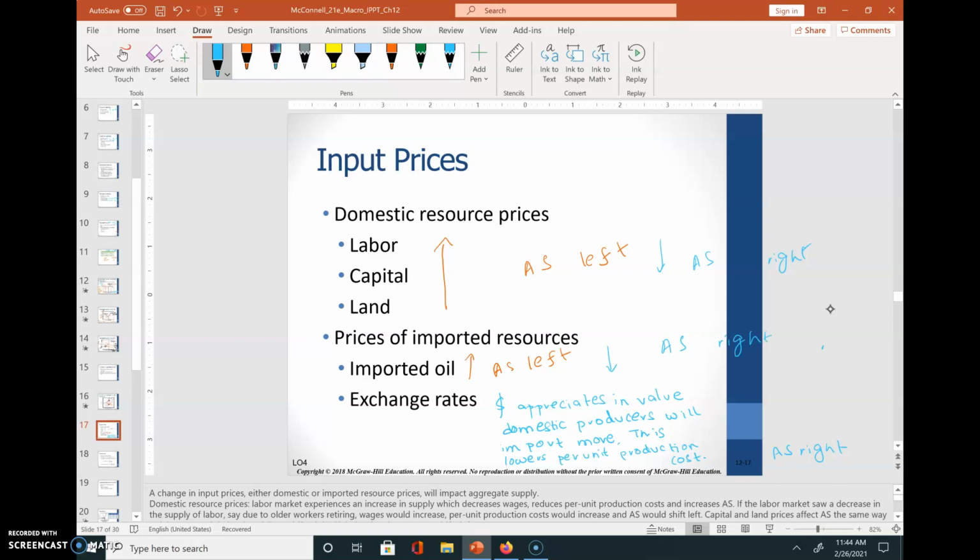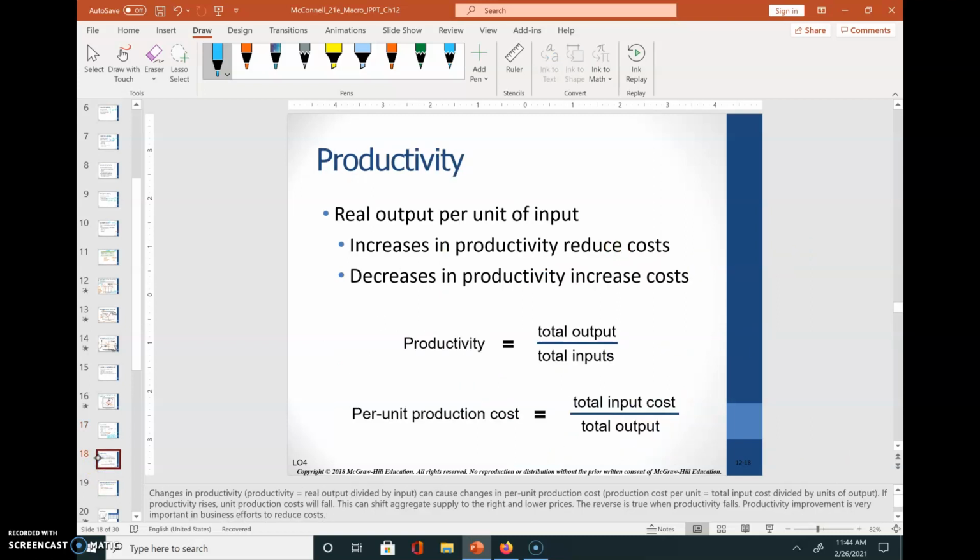If the dollar appreciates in value compared to a foreign currency, the domestic producers will import more. This will lower the per unit production cost and make the aggregate supply curve shift to the right.